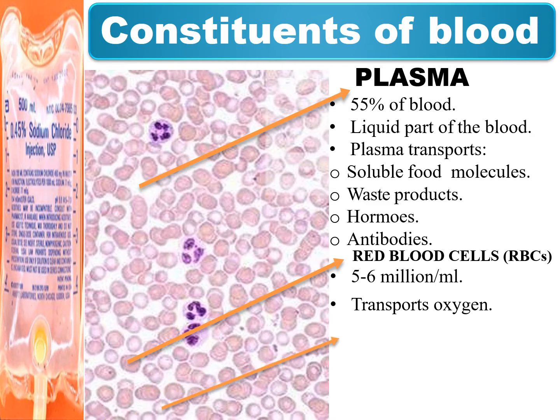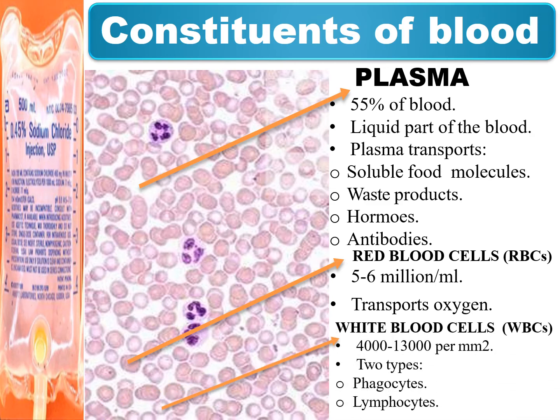The third important constituent of the blood is the white blood cells, WBCs. WBCs are present in our blood at 4,000 to 13,000 per millimeter square, and they are considered as two types, phagocytes and lymphocytes, on the basis of their function.